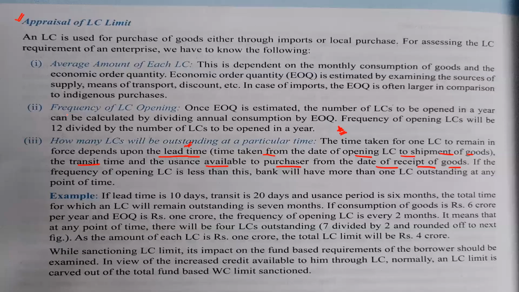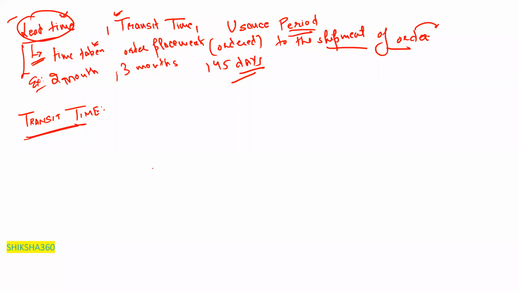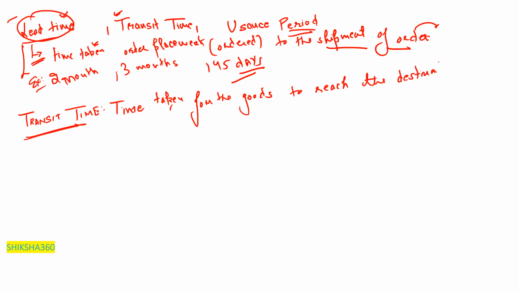Transit time is basically the time taken for the goods to reach the destination, that is from the shipment to the destination.